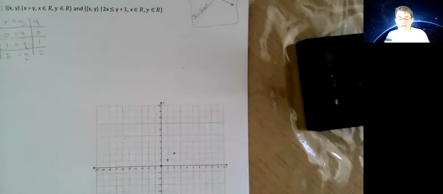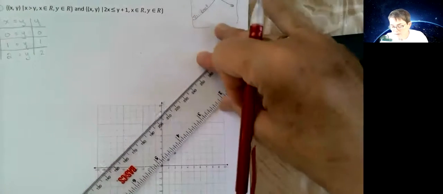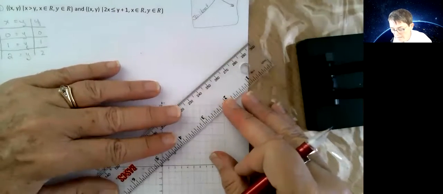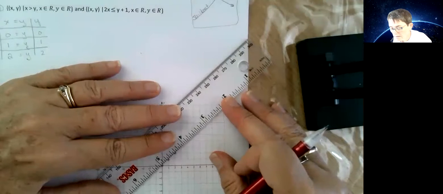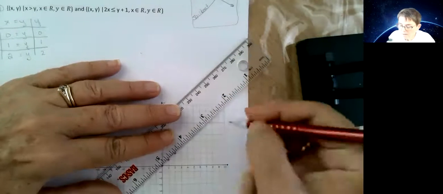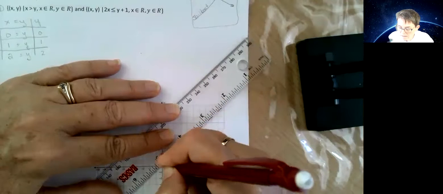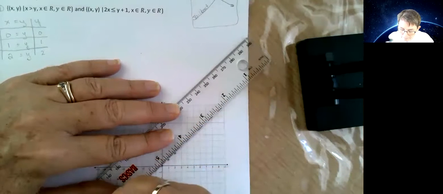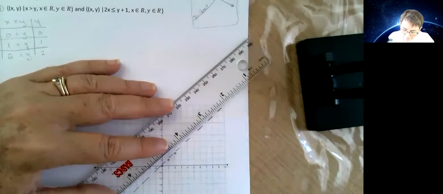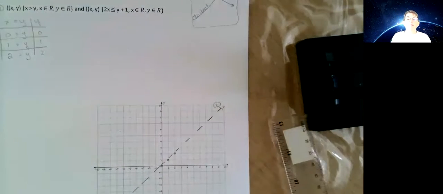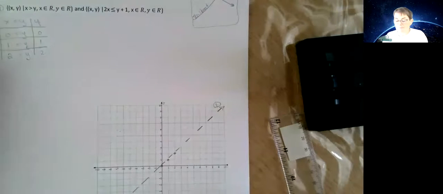Our equation is just a greater than, so we're going to graph it with a dotted line. And I'm going to put 1 beside that, so later on, if I forget, this is number 1.